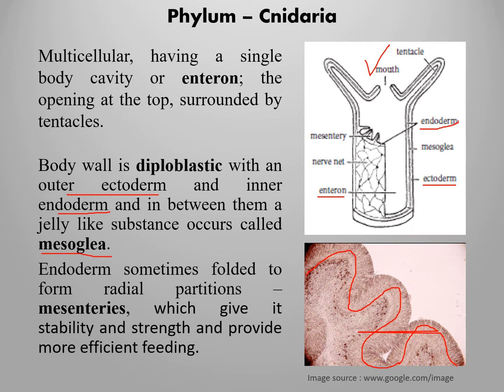So this entire endoderm acts as a digestive organ. Due to this intricate folding of the endoderm, its metabolic rate increases. Thereby the Cnidarians' food can be better digested due to this increased surface area, due to this intricate folding of the endoderm, so their feeding becomes more efficient.